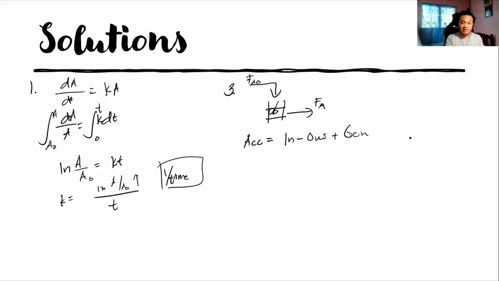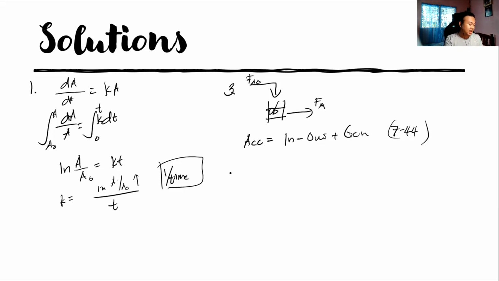This is found in Perry's equation 7-44. What does this comprise?